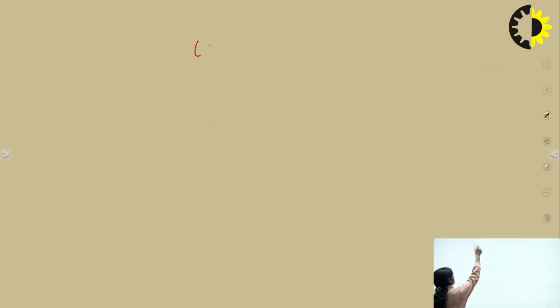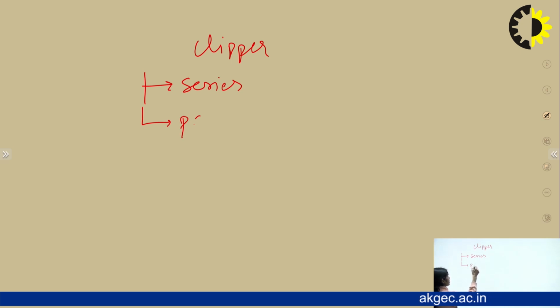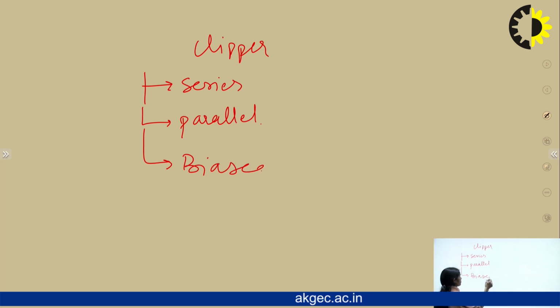If we classify clipper circuits, there are a number of types. Firstly the series clipper, another type is the parallel clipper, third is the biased clipper, and we can also see the combinational clipper.